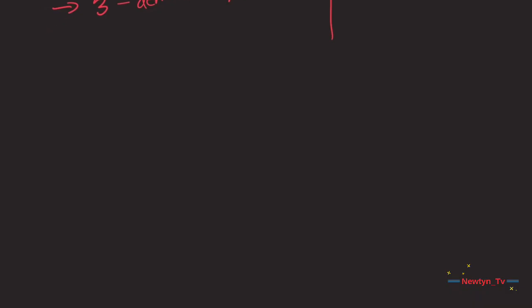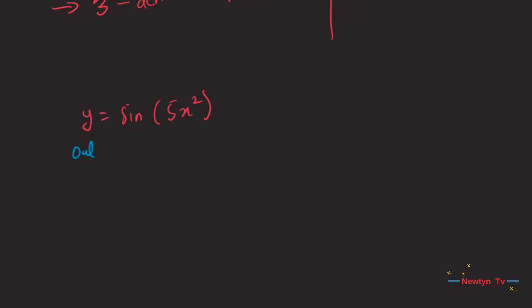With this example, we have y is equal to sine of 5x squared. With this, what will be our outer function?